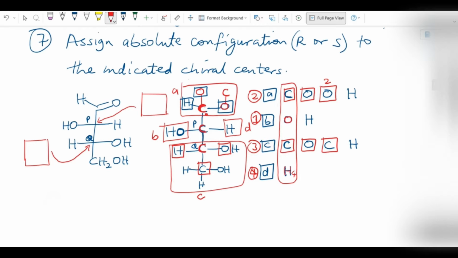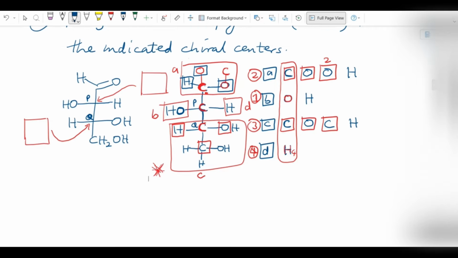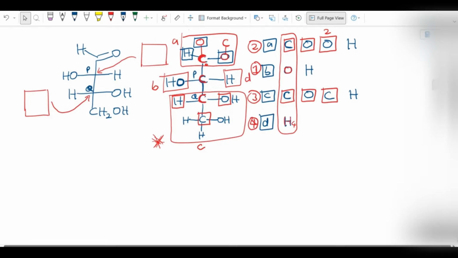will go to C. Having done this, I'll then go ahead and redraw all of this based on the priority numbers. Now, this is looking very rough, so I have to redraw it to make it look a little bit neat. So you can do that based on the priority numbers.